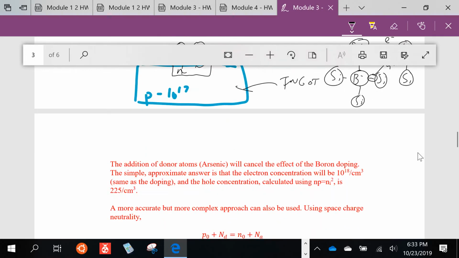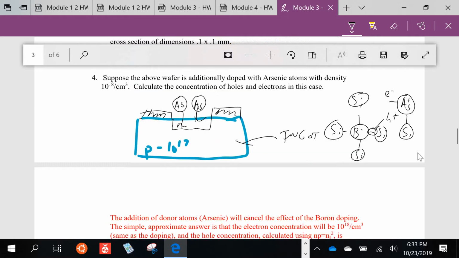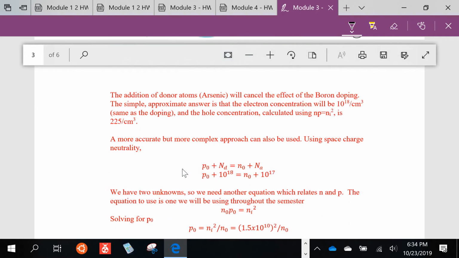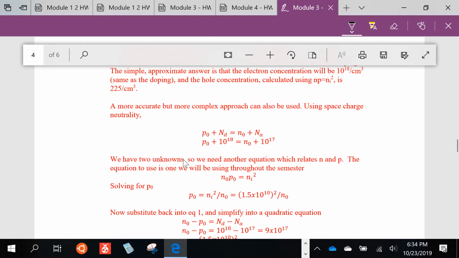But let's say we doped at similar or equal doping, like 2 times 10 to the 17th instead of 10 to the 18th, which is only a 200% difference, still not a 10-times difference. Then you have to use these space charge neutrality equations.